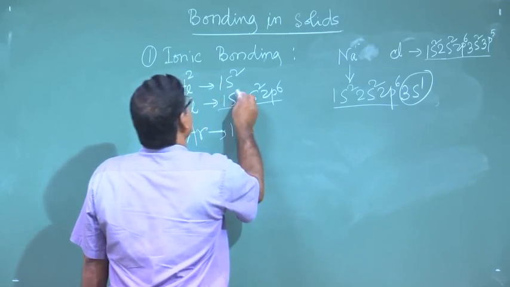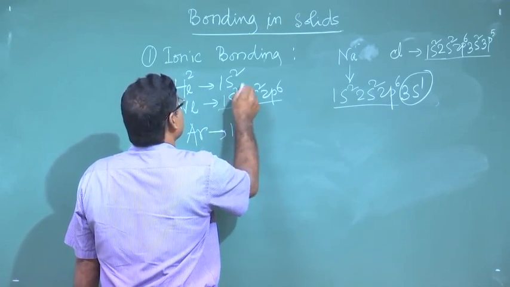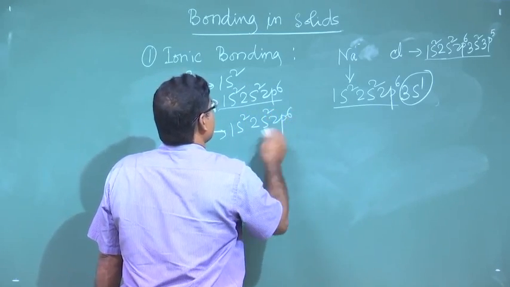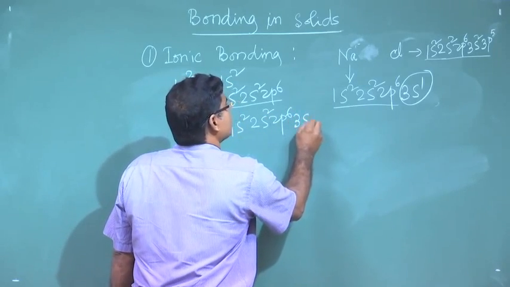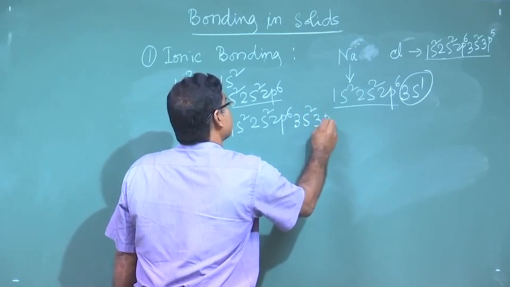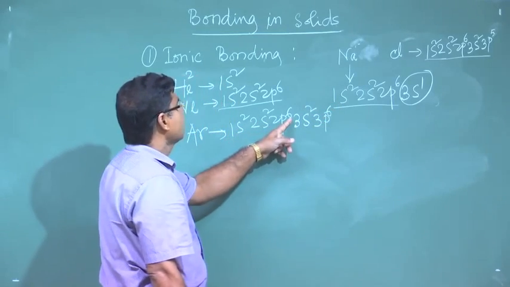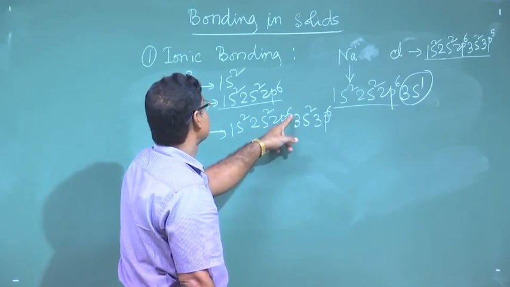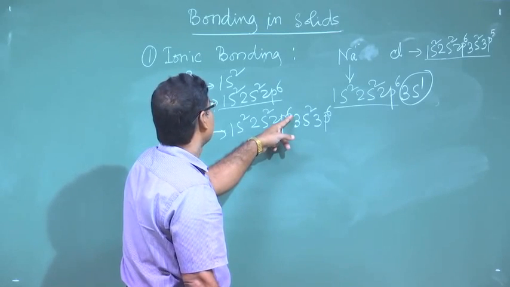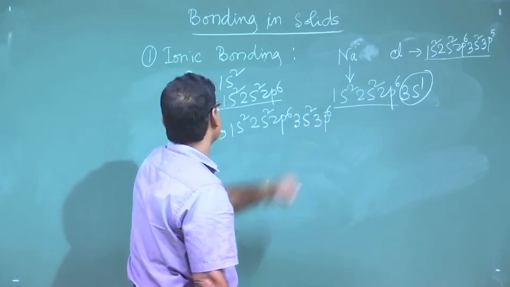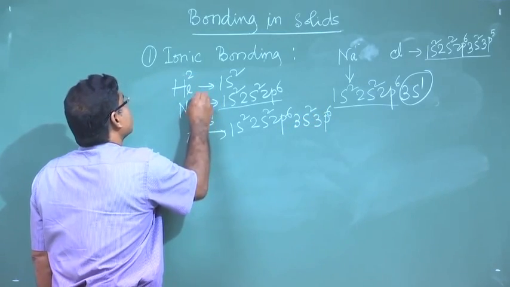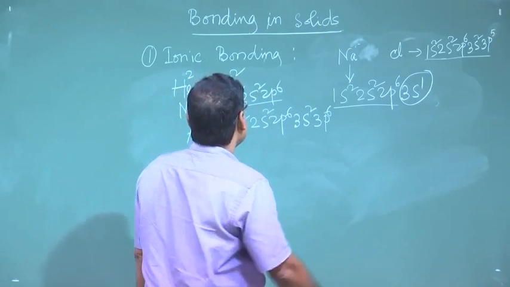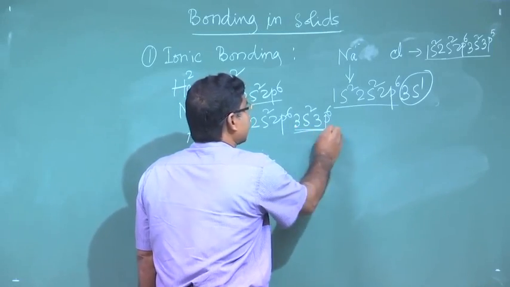Argon is 1s2, 2s2, 2p6, 3s2, 3p6, so 2, 10 and 18 electrons. Again, in the outermost shell there are 8 electrons.